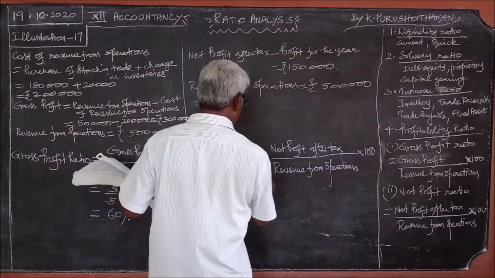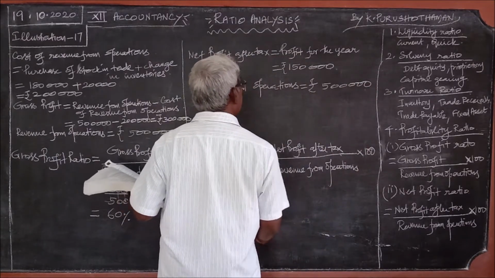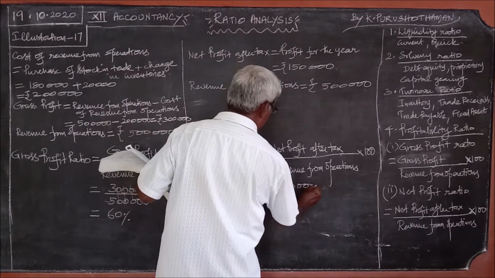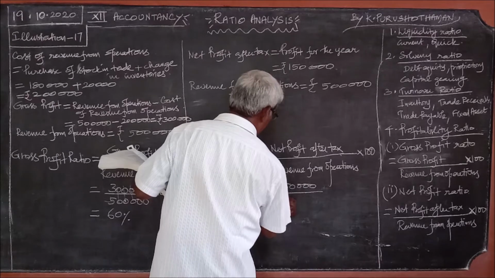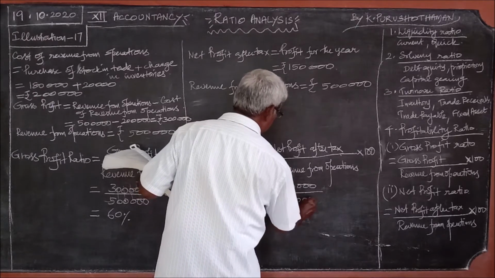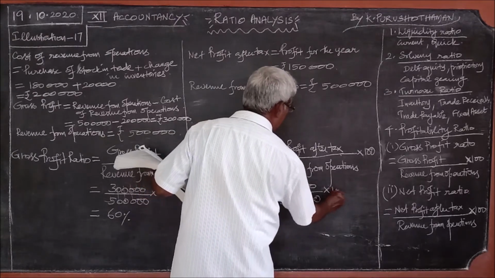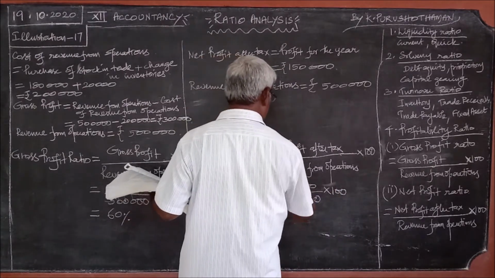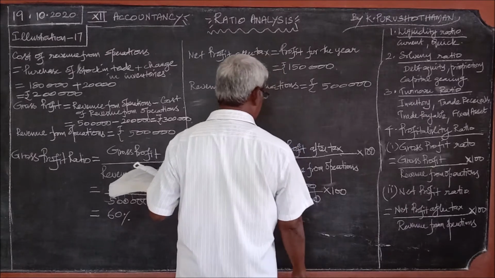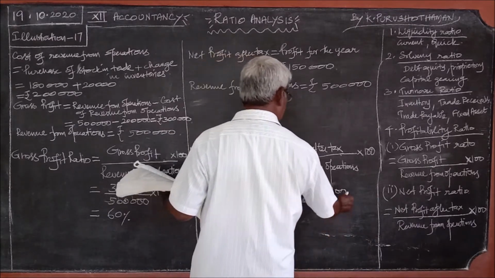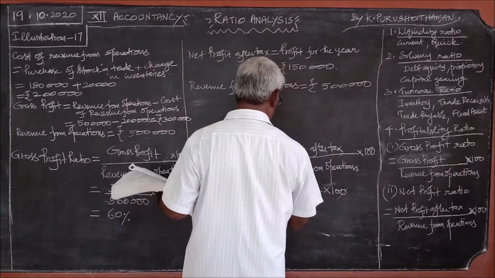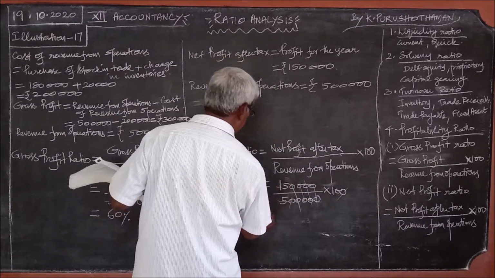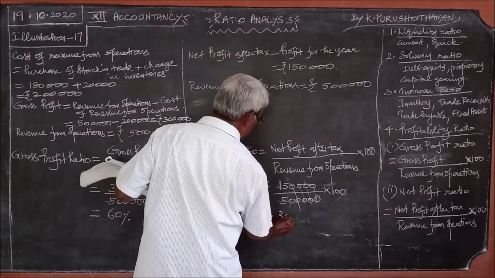So you substitute the numerator value and the denominator value: 1,50,000 by 5 lakhs into 100. So 4 zeros cancel, and if you simplify these, 3 into 10, 30. This is 30%.